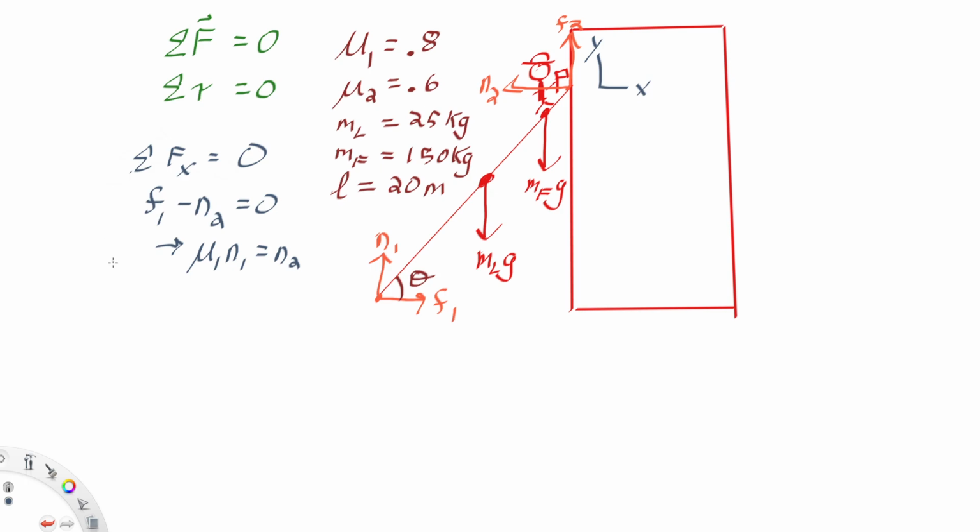In the y direction, we've got a few more forces. But we still need them to sum to zero, because if they don't, the ladder is either flying into the air or falling toward the ground. Neither of which is a great situation for our firefighter.